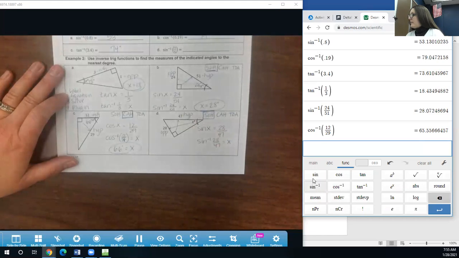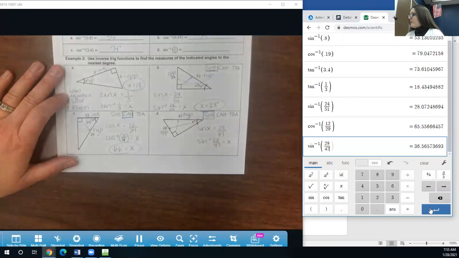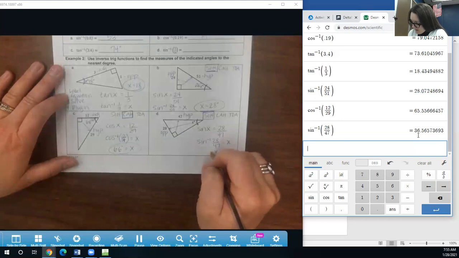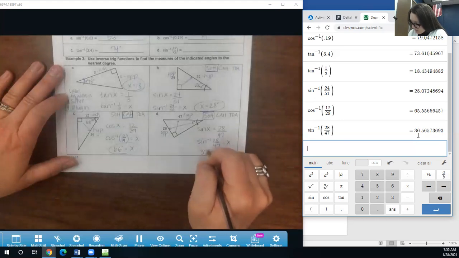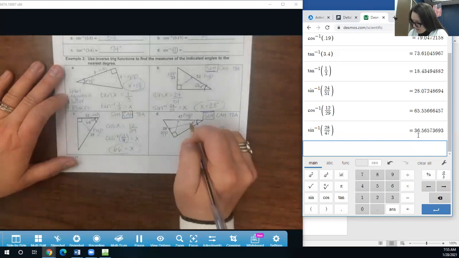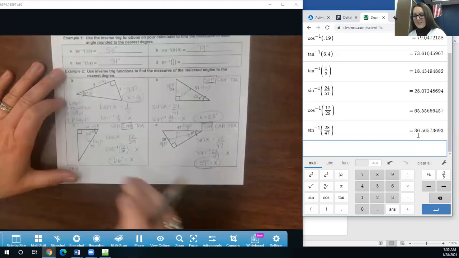Inverse sine of 28 divided by 47, 36.56. So we're going to look at that last number there, the tenths place, to see what our degree is. Since it's 5 or above, my 6 becomes a 7, and I have 37 degrees. Plug it back in, 37 degrees, and ask myself, does that make sense? Is it between 0 and 90? It sure is, so you're good to go.